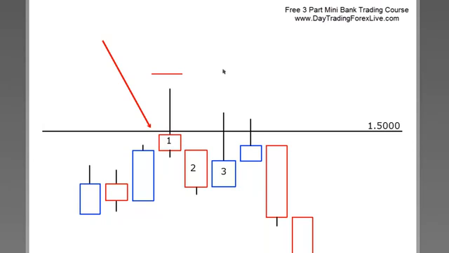Again, that's a separate video, but we always look to use a 20 pip stop, and therefore what we need to see is we need to see candle number 3 pull back to within 15 pips of the high of candle number 1. So very simple. All you'll do is you'll put your cursor above candle number 1, right at the high, measure down exactly 15 pips, and that's where the entry becomes valid.